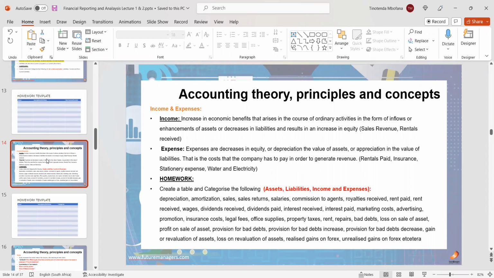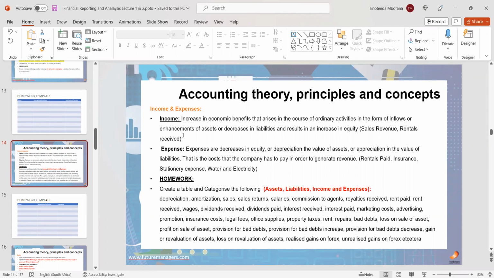If there is a decline in economic benefit, we highlight that as an expense at the end of the day, right? So an income is basically an increase in the economic benefits that arise through whatever you are doing. That's what ordinary means. Whatever you're doing on a day-to-day basis as an organization. If your economic benefit is to increase, we are saying that it's an income, right?